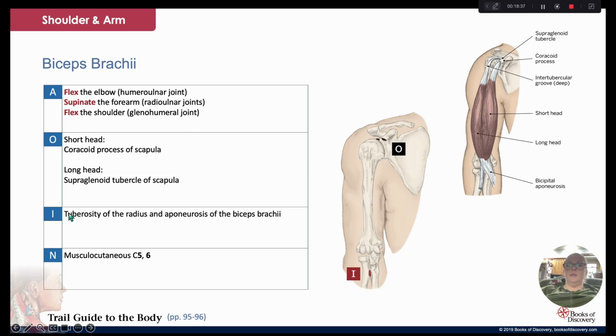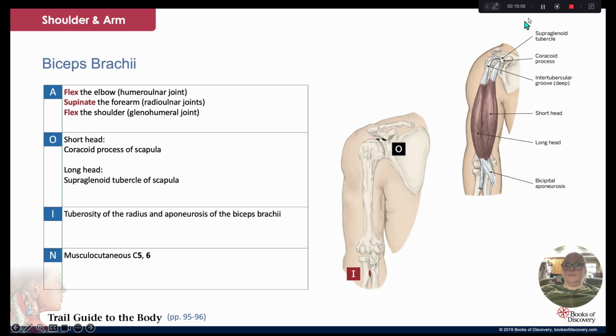Alrighty. Insertion. So those 2 heads are going to kind of come together and have a fattier section of muscle. And then both form a tendon that will connect onto something called bicipital aponeurosis.